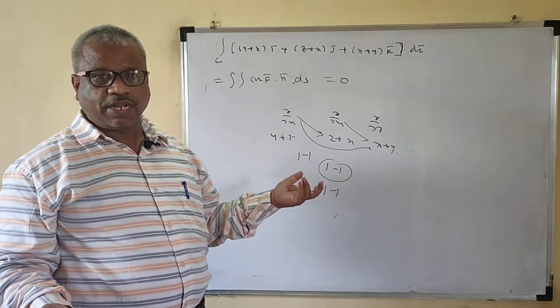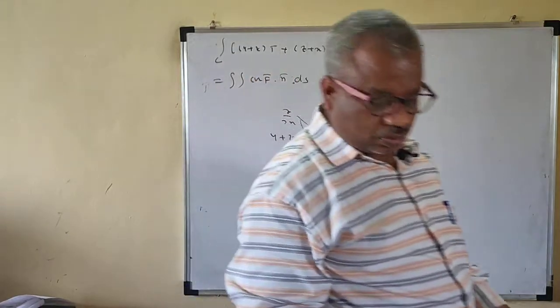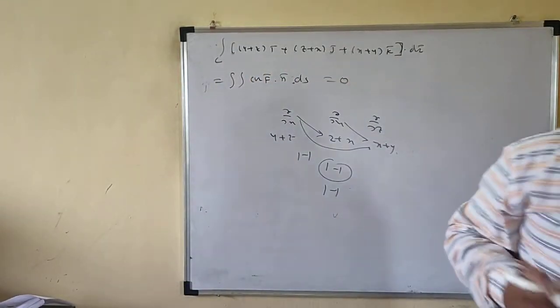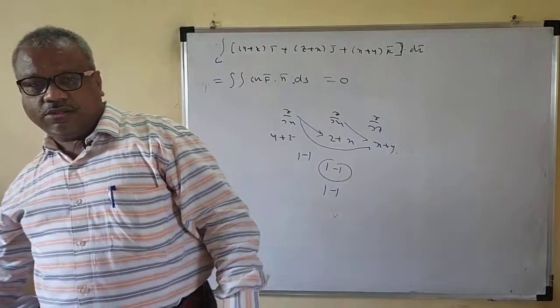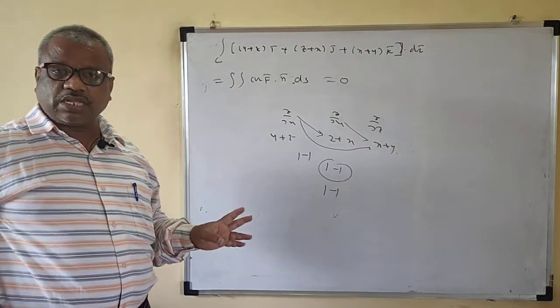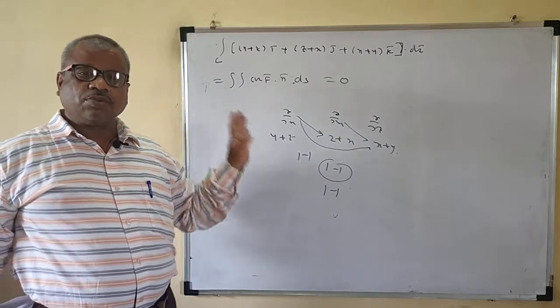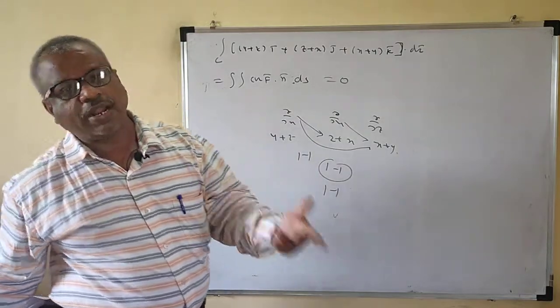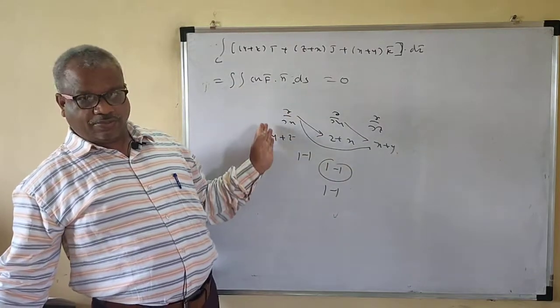I hope you understand this one. You have to generalize all the problems. Remember the statement of Stokes theorem and some properties of the divergence and curl. Find the curl of the vector in the simplest way.